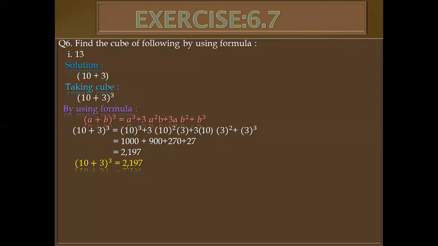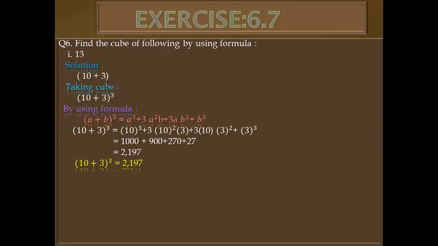It depends on the nature of the question. According to the values, we choose which formula we can apply there. It also depends on you which factors you will make of the numbers, either in positive or in negative.